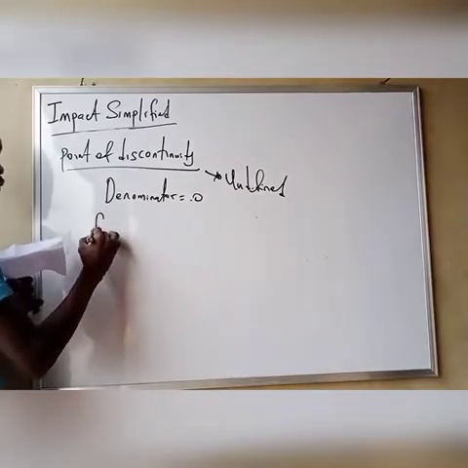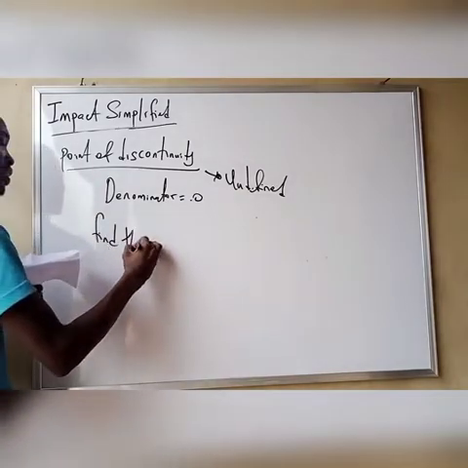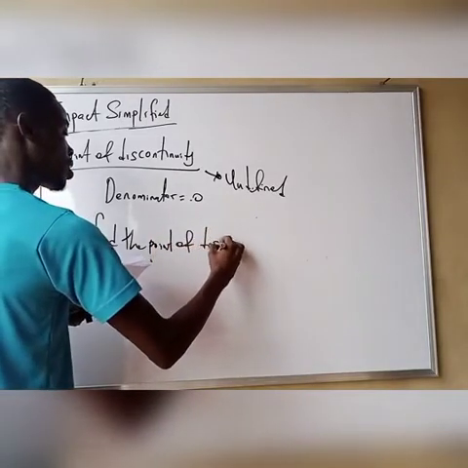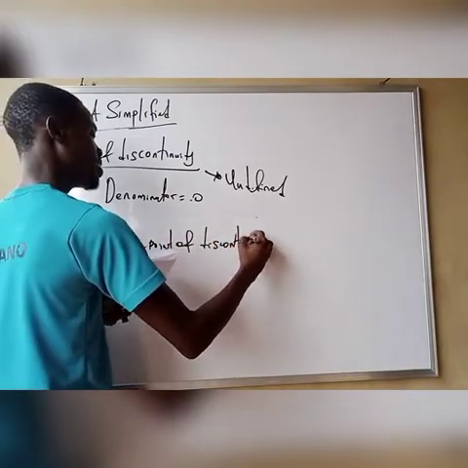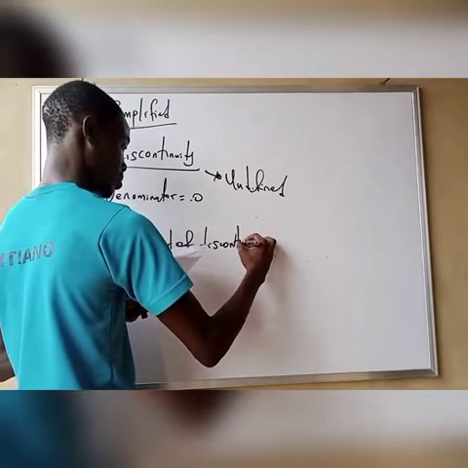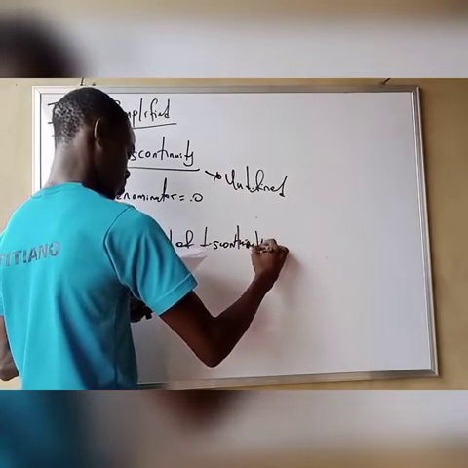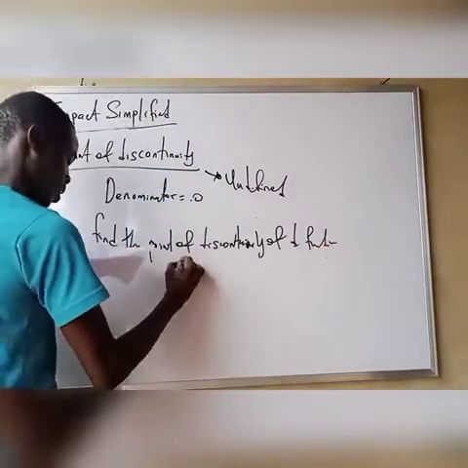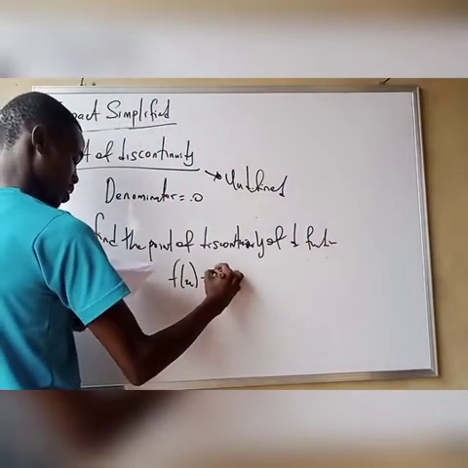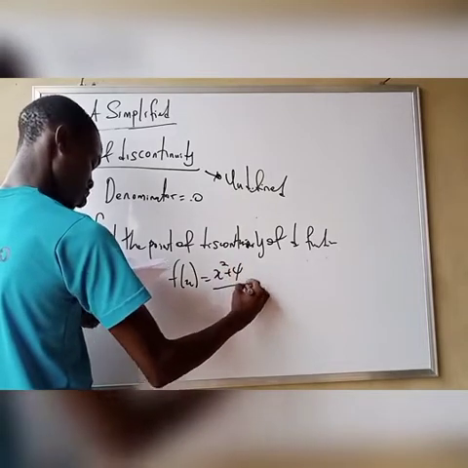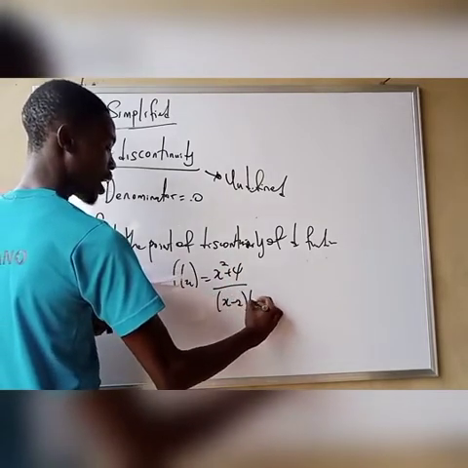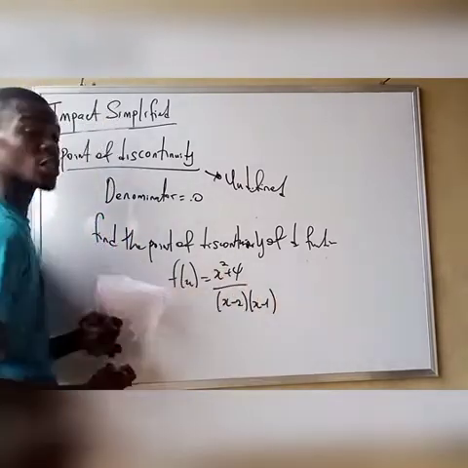And let's look at this question. They say find the point of discontinuity of the function. We have f of x is equal to x squared plus 4 over (x minus 2)(x minus 1). We cannot simplify this.